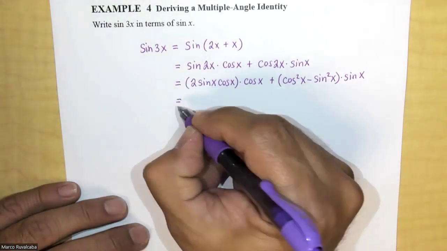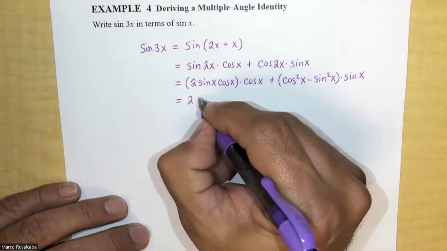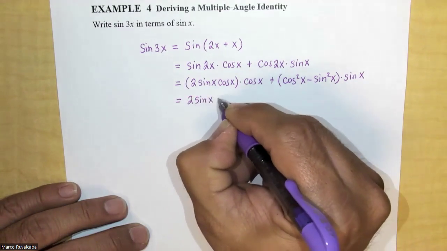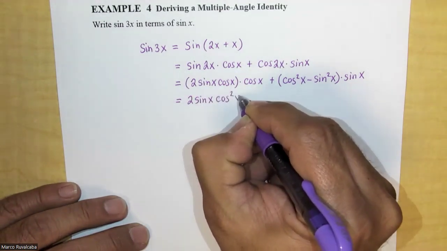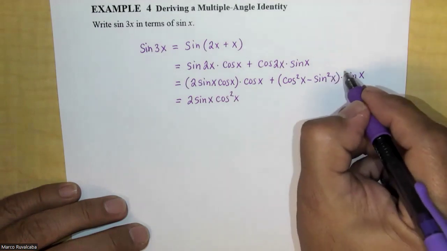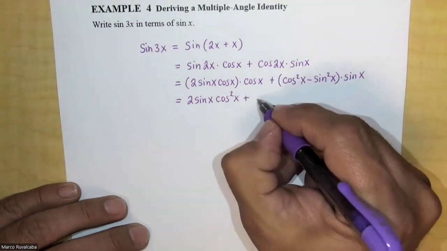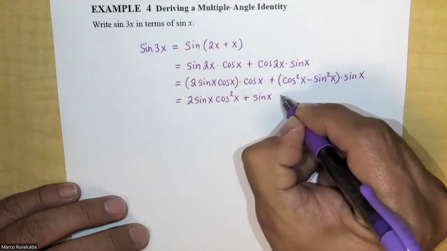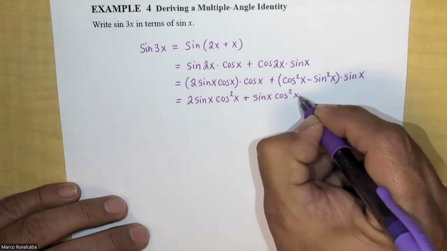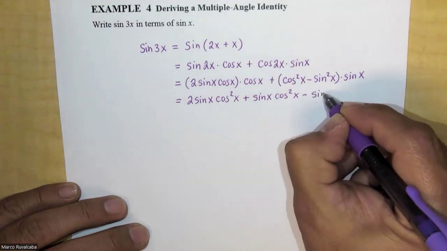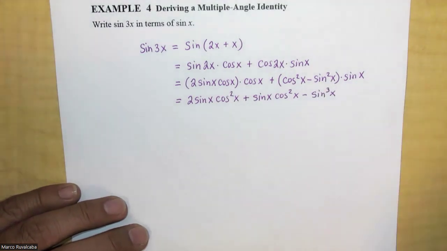And so if we distribute here, we're going to get 2 sine x cosine squared x. And then we distribute the sine into both of these. That'll give you plus sine x cosine squared x minus sine cubed x.